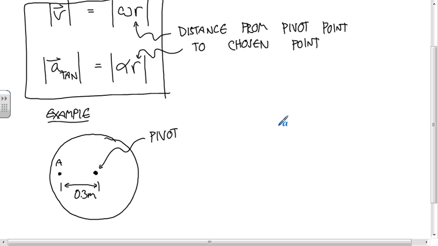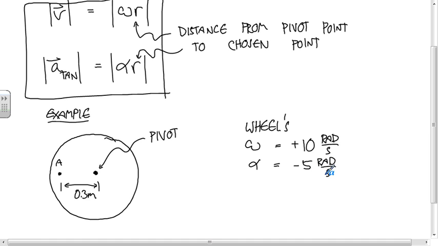And let's say that the wheel's angular velocity is positive 10 radians per second. And its angular acceleration is negative 5 radians per second squared.